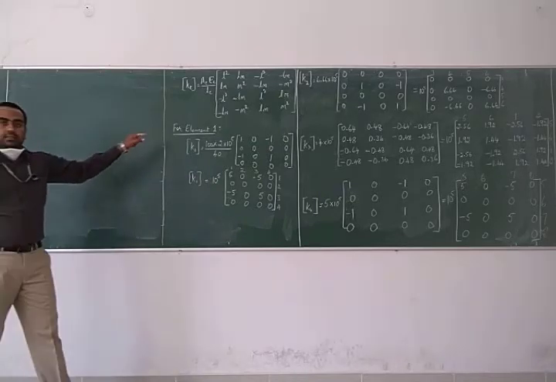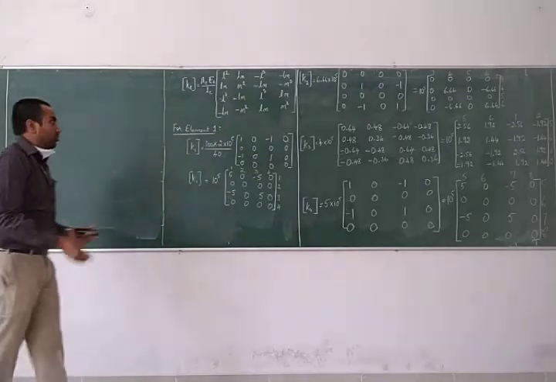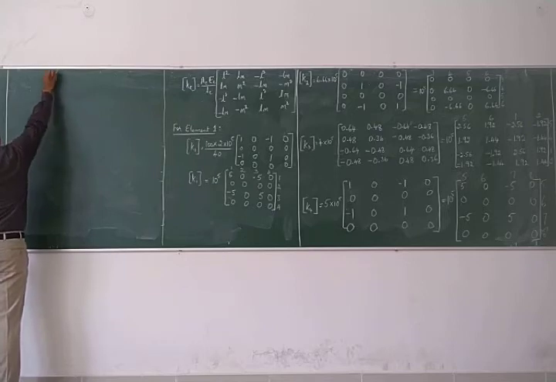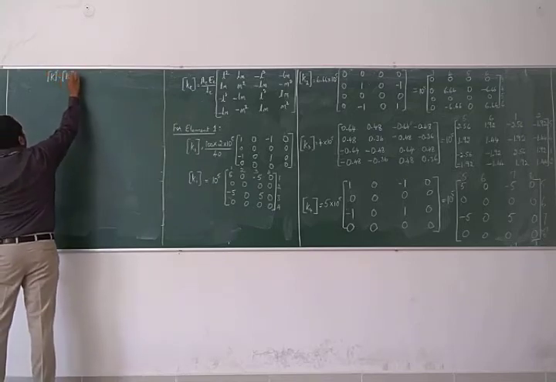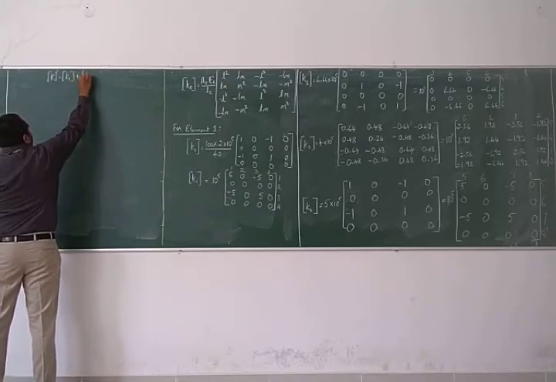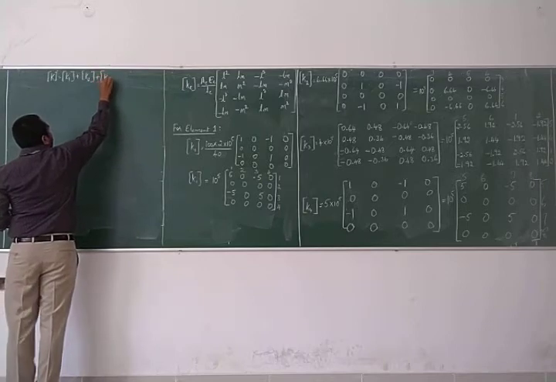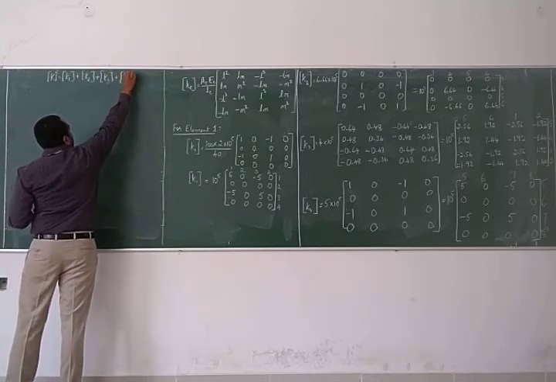It is the summation of all the individual elementary matrices. So the global stiffness matrix is given by capital K is equal to K suffix 1 plus K suffix 2 plus K suffix 3 plus K suffix 4.